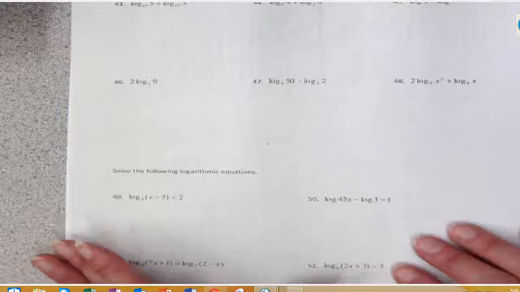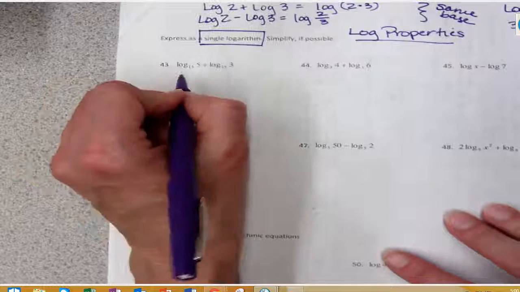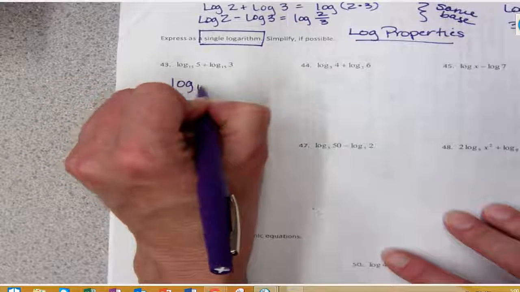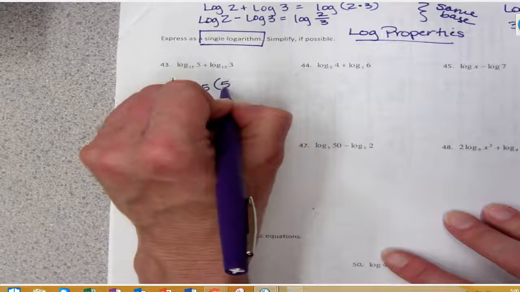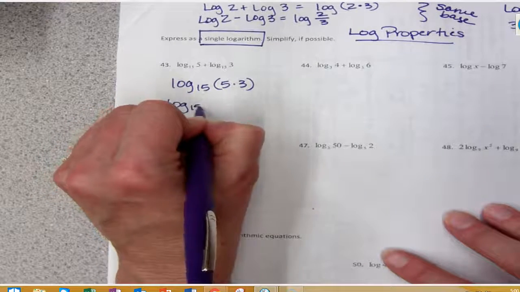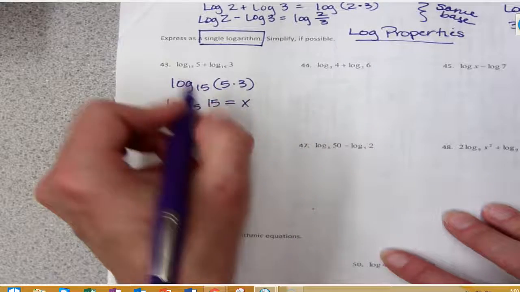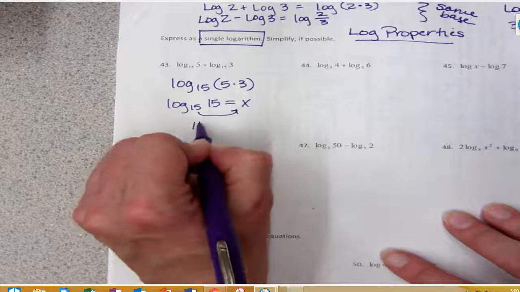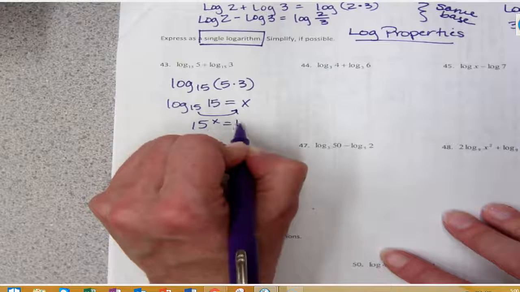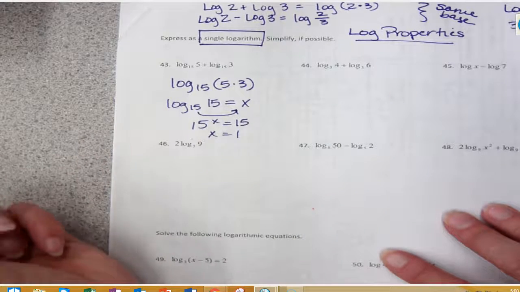We'll go over some of these in class, but this would be log 15, 5 times 3, right? Log 15 to the 15. So 15 to the x power equals 15. What do you think x is going to equal? X is going to equal 1.